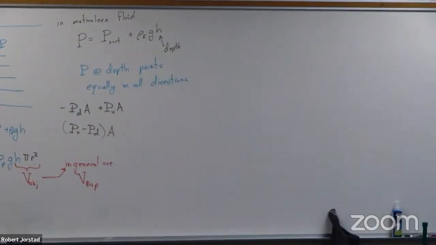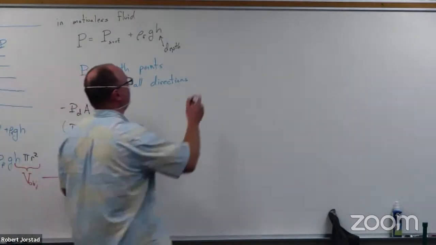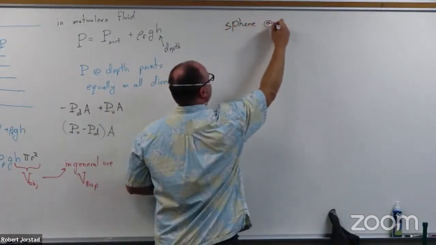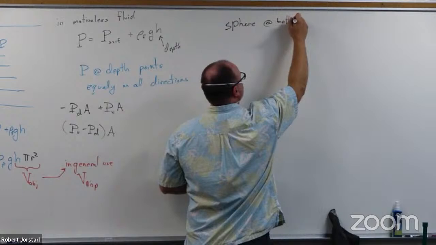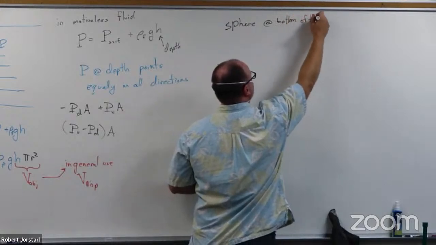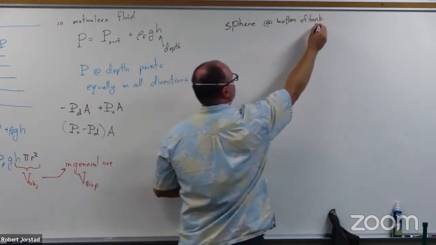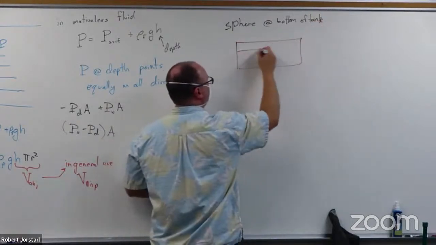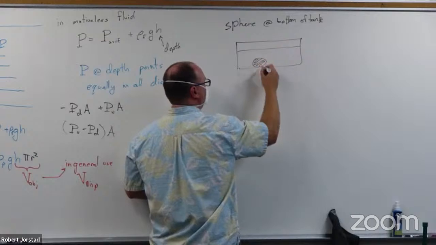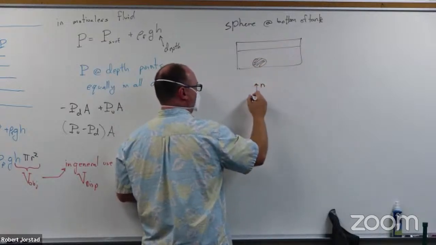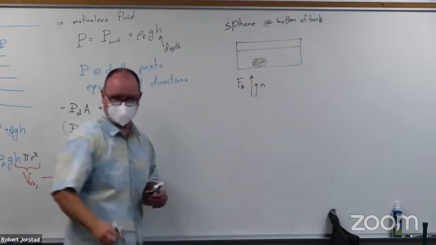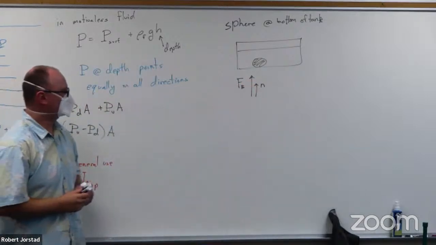So if we have an object all the way at the bottom, there's a normal force up, there's a force buoyant up, and sometimes I get lazy and just call this capital B, right?